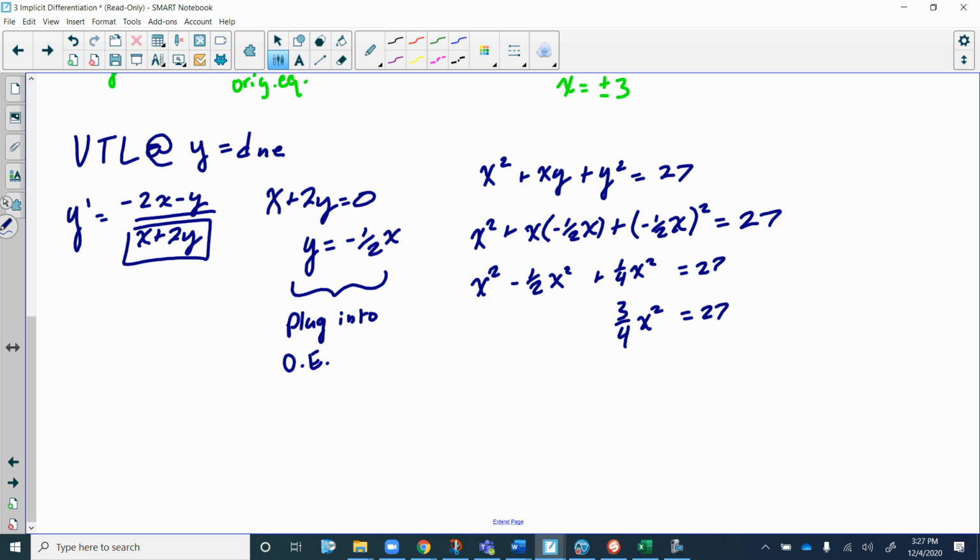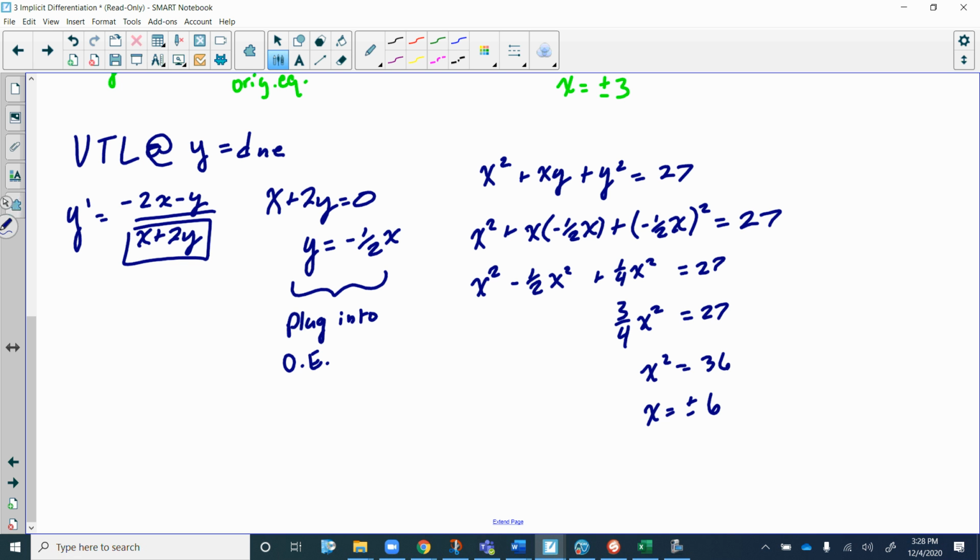But 27 times 4 divided by 3 on the calculator, I'm getting x squared to be equal to 36. So here I'm going to have x equal to positive or negative 6. So I'm going to have horizontal tangent lines when x is equal to positive and negative 3, and vertical tangent lines when x is equal to positive and negative 6.